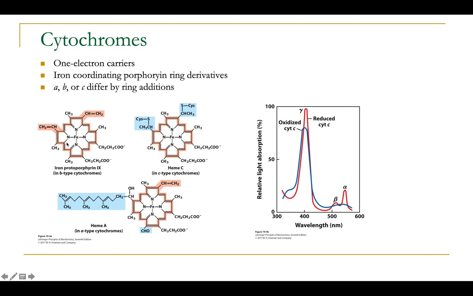Within heme, the iron could be present either in +2 reduced form or +3 oxidized form. As such, unlike flavoproteins, cytochromes could carry only single electrons and cannot carry protons.